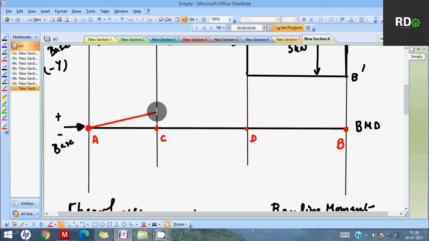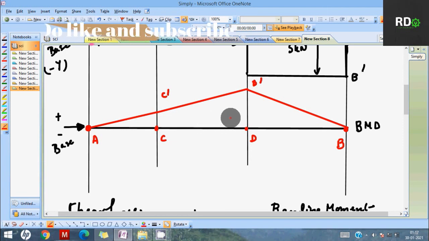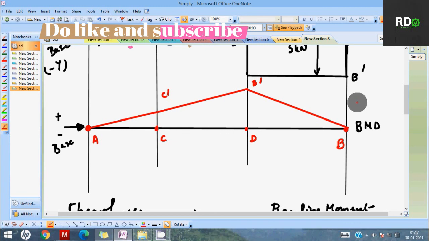Then it has increased from C to D. These are two separate lines, and then you have to join this because it has come down to 0. How can we name it? C dash D dash. Do remember it is above the baseline because the bending moments are positive.